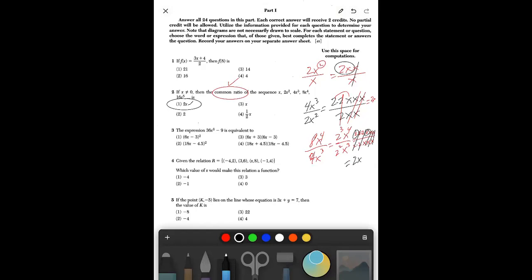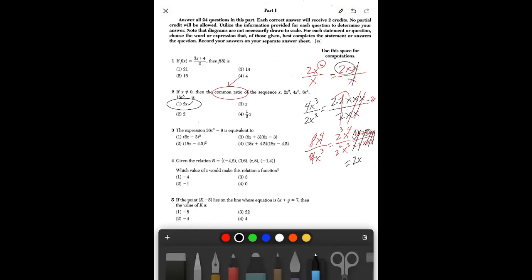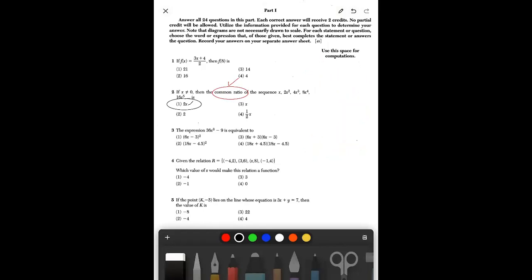That's the common ratio. Now, a lot of y'all might struggle with the exponent parts of this, so here's another way that we can do it. Instead, I'm going to go to the calculator. And remember what I said, whenever you have answer choices that have a bunch of variables, you can almost always plug a number in for x.